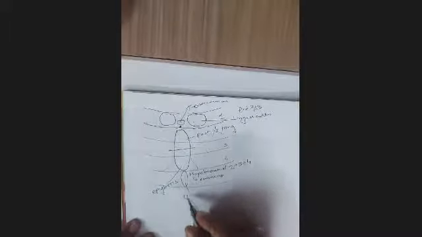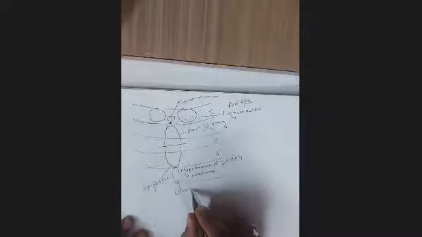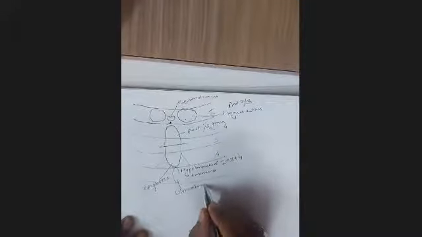This is the only contribution of the fifth arch, which is called the ultimobronchial body, which contributes to the formation of C cells of the thyroid.